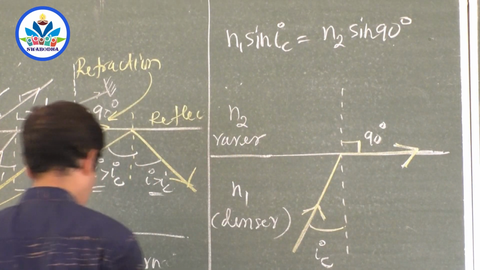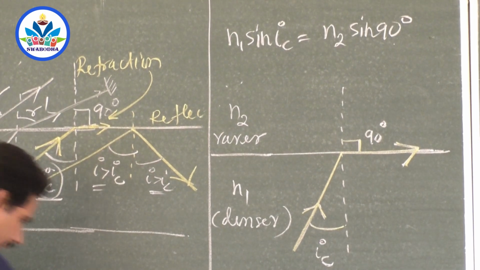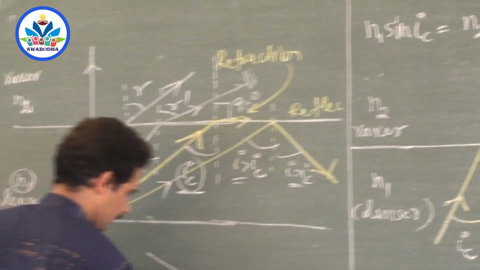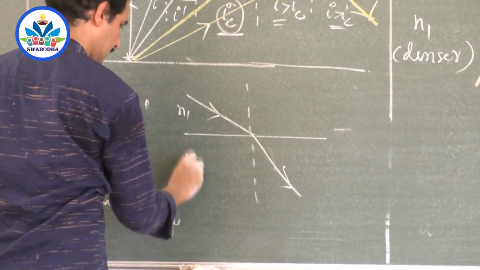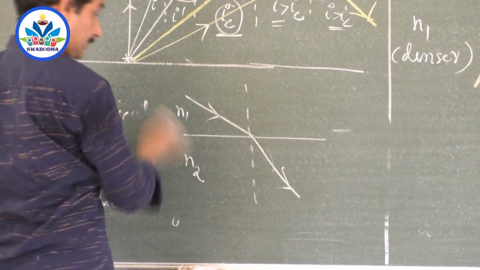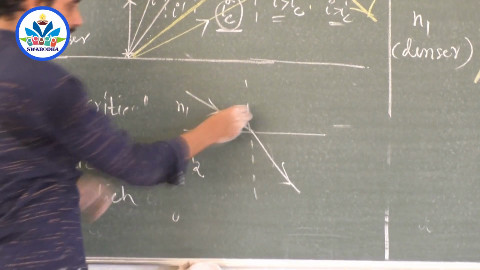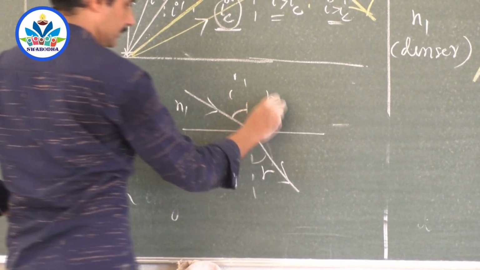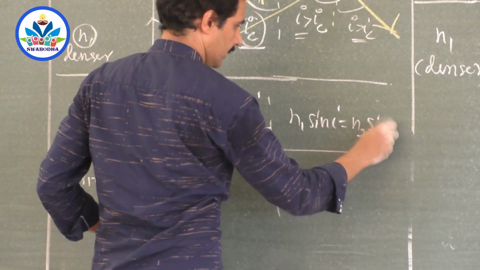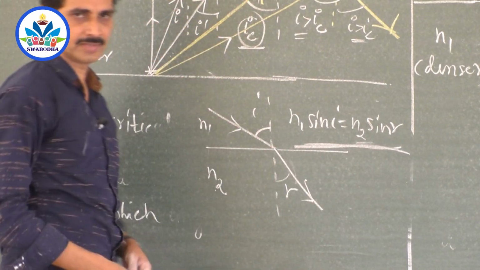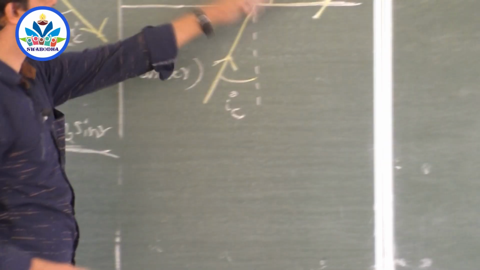If you have a refraction process like this, any type of refraction, where the ray is undergoing refraction, then N1 is the refractive index here and N2 is the refractive index here. This is I and R. N1 sin I is equal to N2 sin R, the most used formula in the optics chapter. So we have applied this: N1 sin IC equals N2 sin 90.